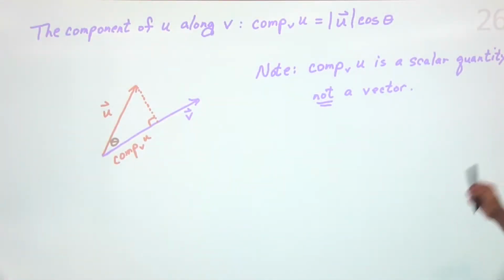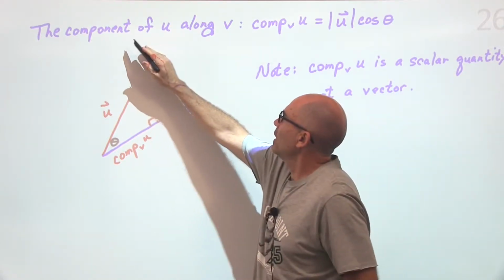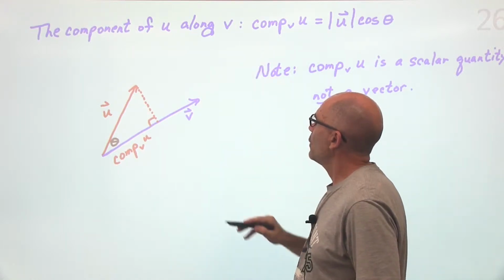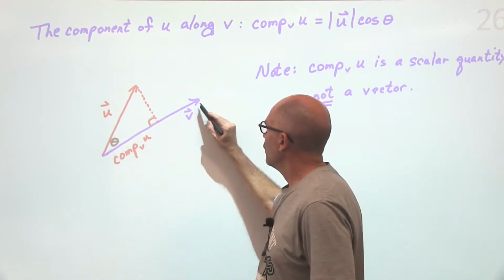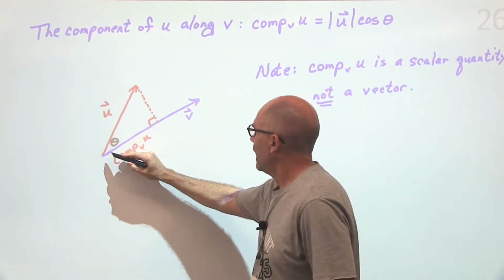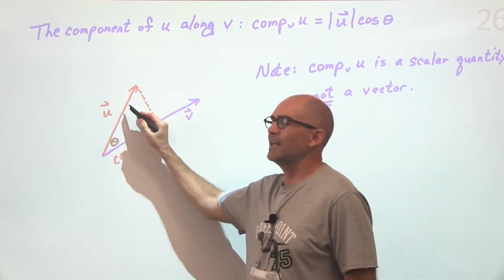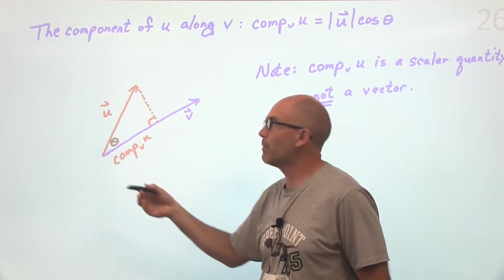Now, the next principle that we want to learn here is called the component of u along v. The component of u along v. Now I have vector v and vector u. Now normally what we're interested in vector u is its x component and its y component.